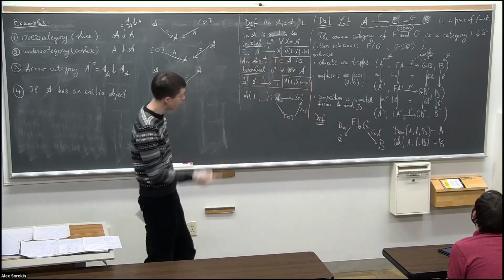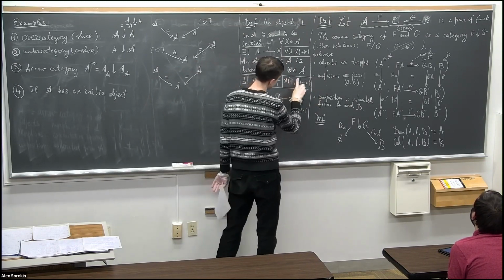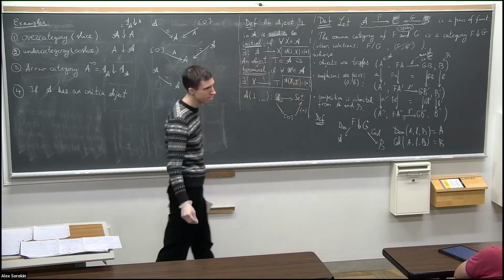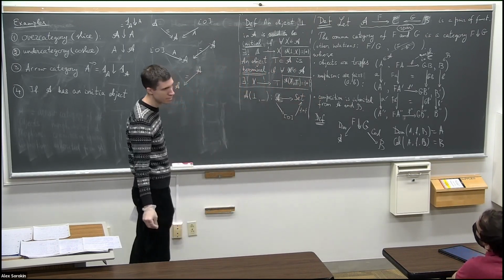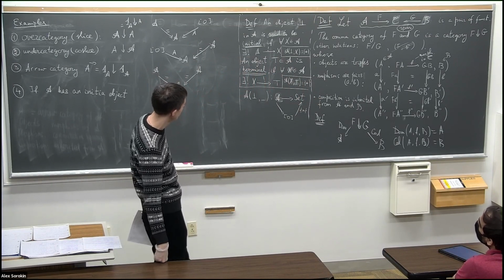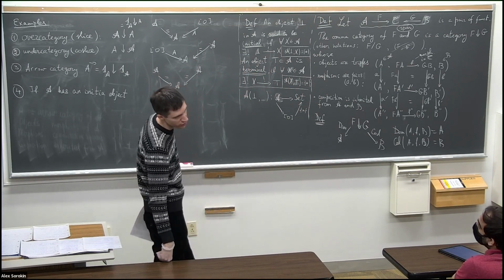A similar picture holds for... I mean, excellent. I was thinking there should be some nice way of saying it using the slice category, defining the initial and terminal. That's what I was thinking. Right now, you'll see the connection.